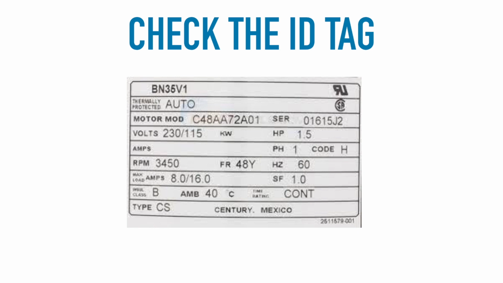The big things that you want to take note of are the voltage, the horsepower, the phase, whether it's a 1 or 3 phase motor, and the frame size. So again, that's the voltage, the horsepower, the phase, and the frame size. Like I said, in my opinion, it's worth taking a photo so you don't have to lodge that somewhere inside of your memory.